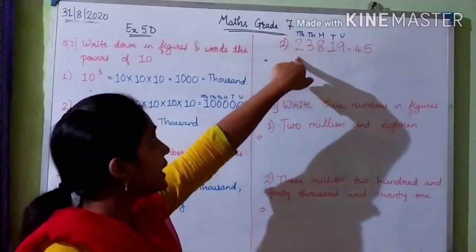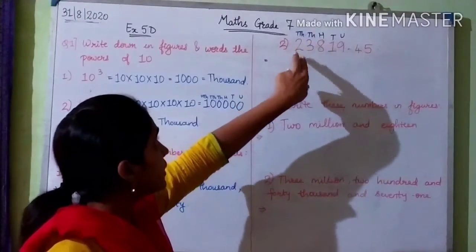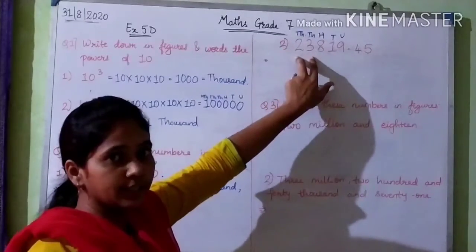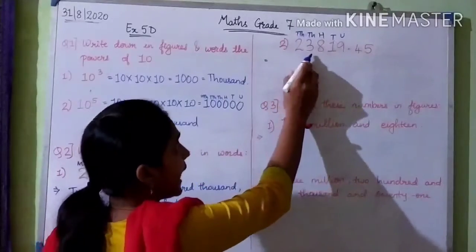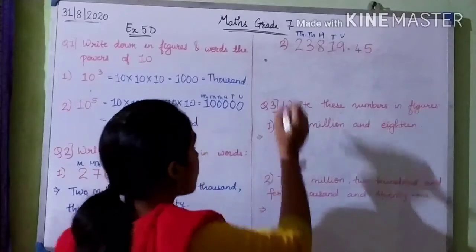So we will not read this as 20,000. We see this is 20 and this is 3. So together we read this as 23,000.